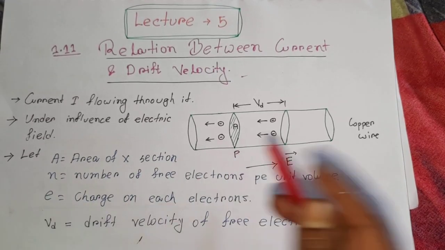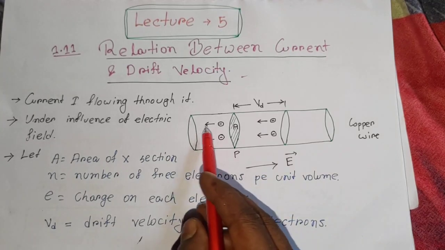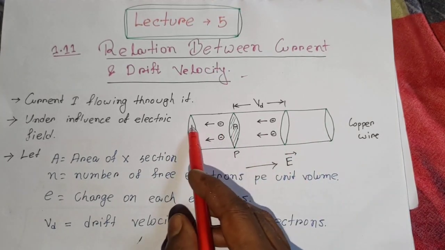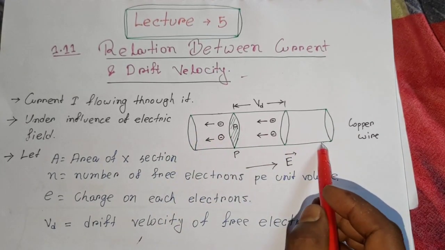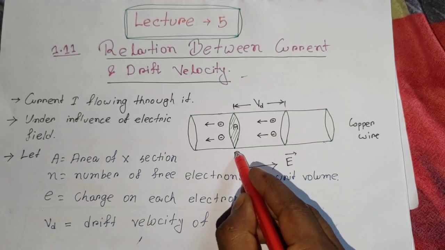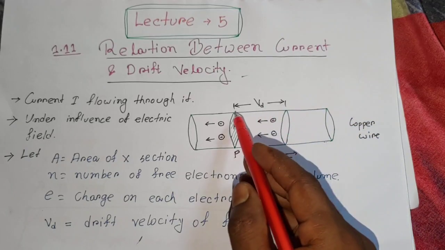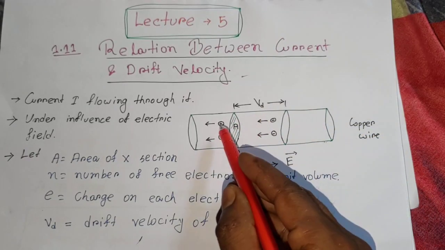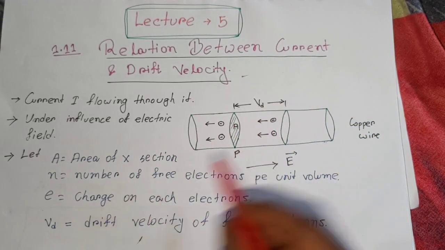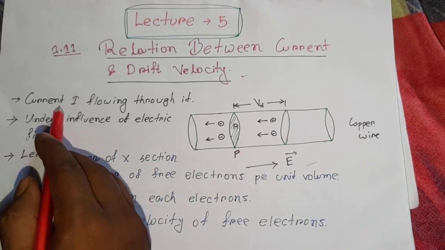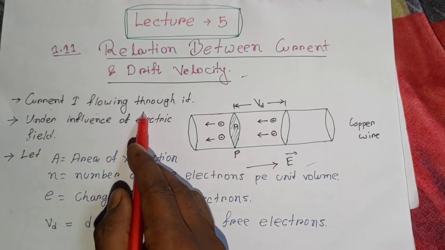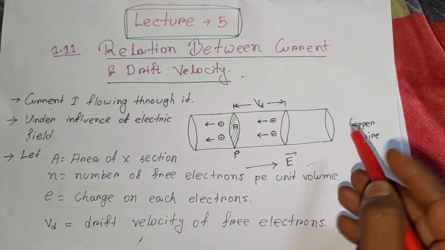Here we have assumed one copper wire, at point P with cross section A. Vd, these are free electrons. Current I is flowing through it.